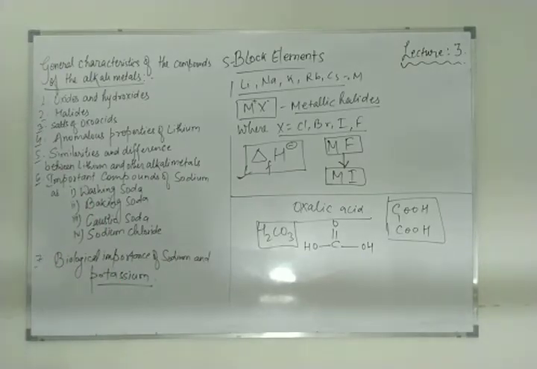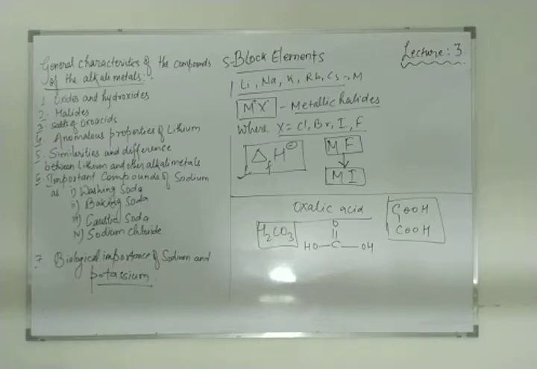So here the hydroxyl group and an oxo group are attached to the same atom in carbonic acid. Sulfuric acid also has two hydroxyl groups, and sulfurous acid too. All these alkali metals form salts with these oxoacids. They are generally soluble in water and thermally stable.